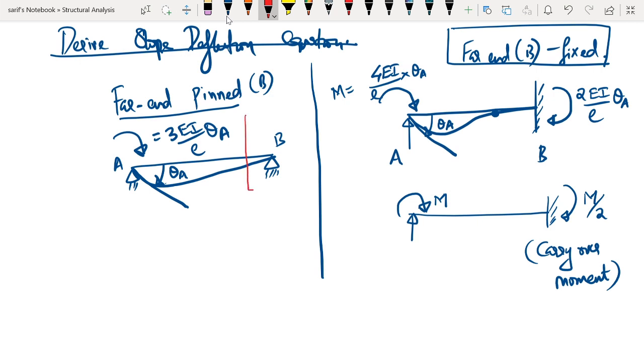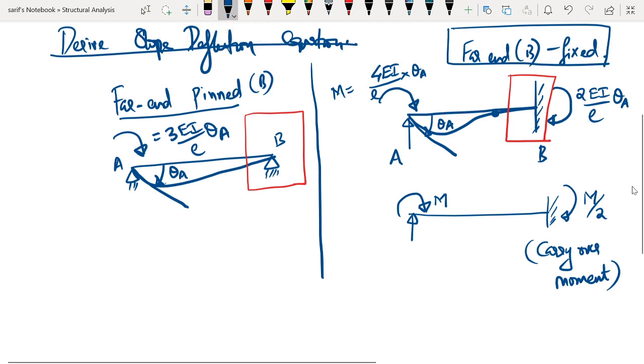In this case, the far end is pinned, that means it is free to rotate. Whereas here, the far end is fixed, that means it is resisting the rotation of the far end. So there will be a moment that will get induced here. Okay. So these are the cases wherein rotation is applied at one end.